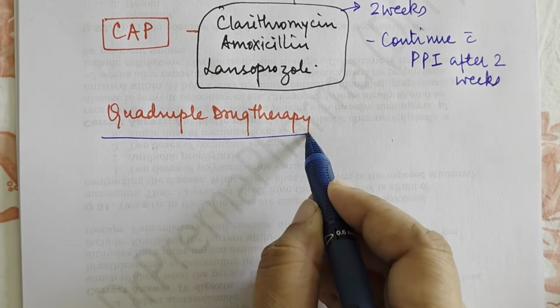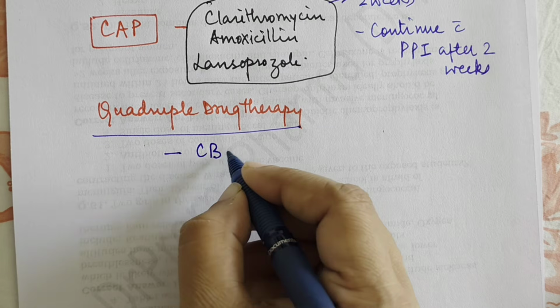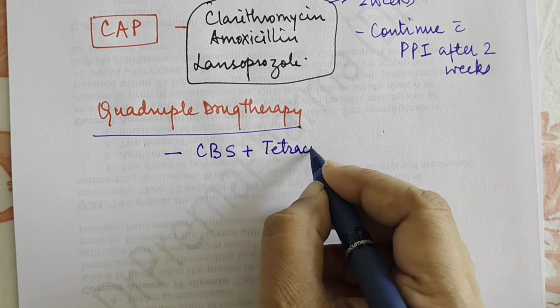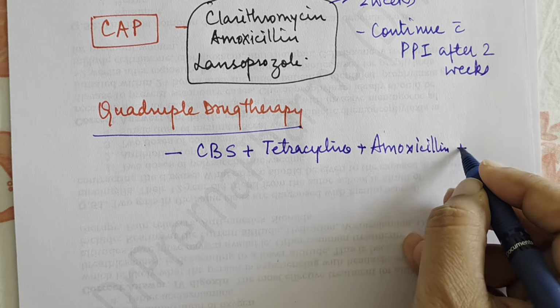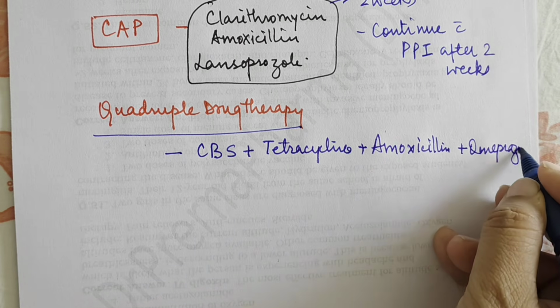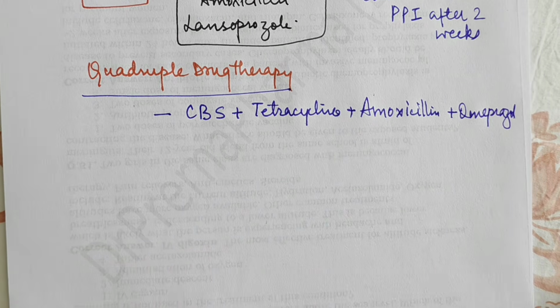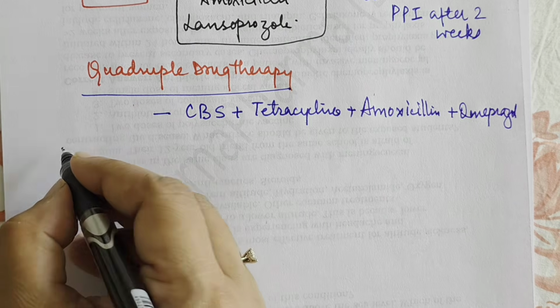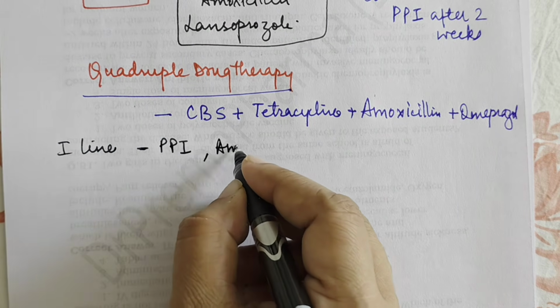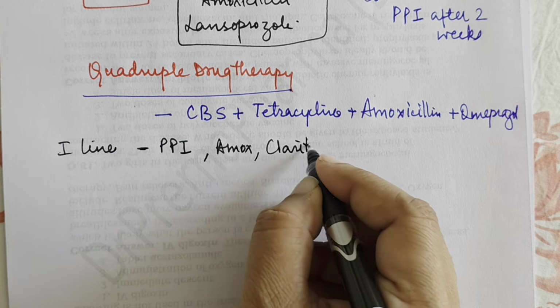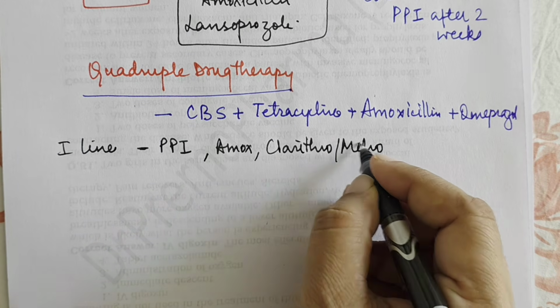Okay. Now quadruple drug therapy consists of colloidal bismuth subcitrate plus tetracycline plus amoxicillin plus omeprazole. Okay, so this is the quadruple drug therapy that is given. Now the first line drugs that are used are PPI, amoxicillin, and clarithromycin or metronidazole.